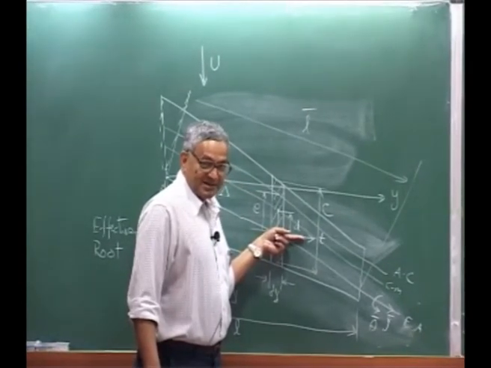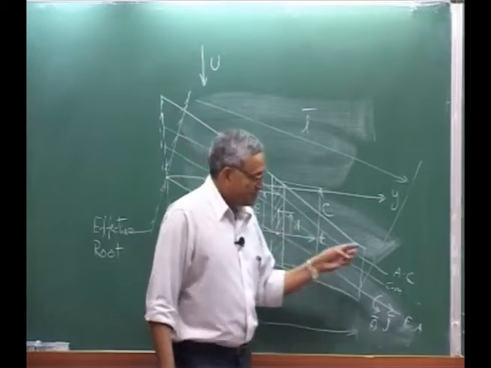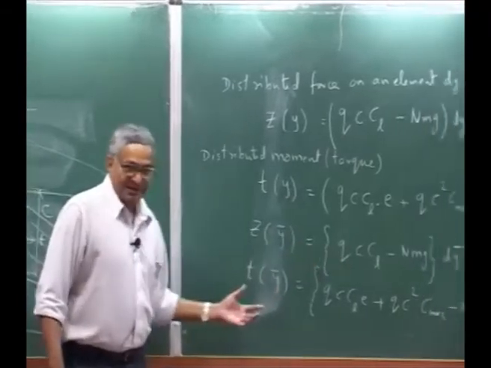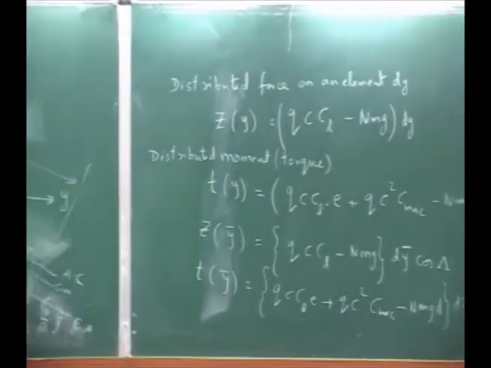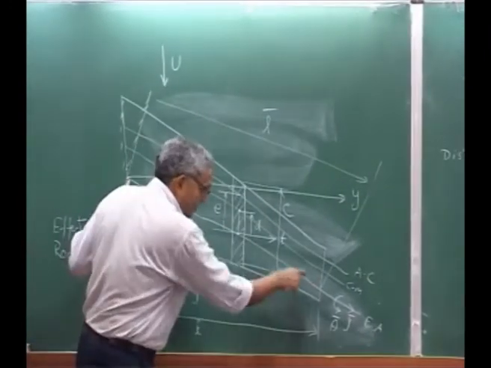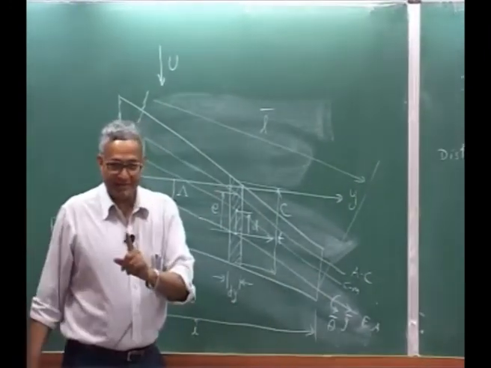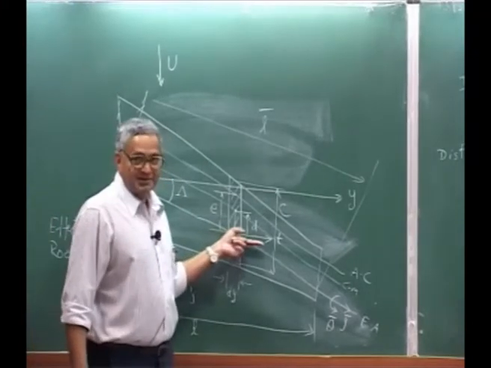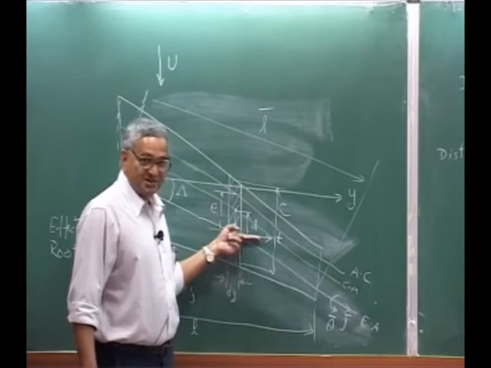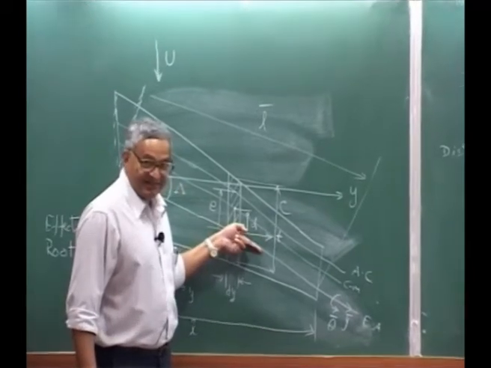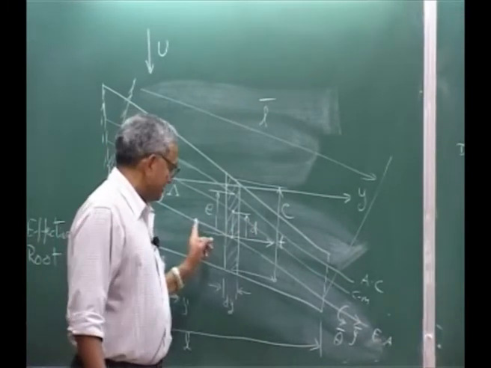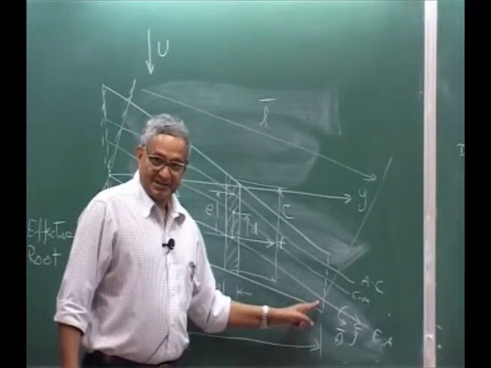But the only thing is, I have defined my T y bar, that is, if I divide by dy, the twisting moment per unit length along the y bar axis, but the direction is this. I have to resolve this T, one along this direction, another one perpendicular to the elastic axis.